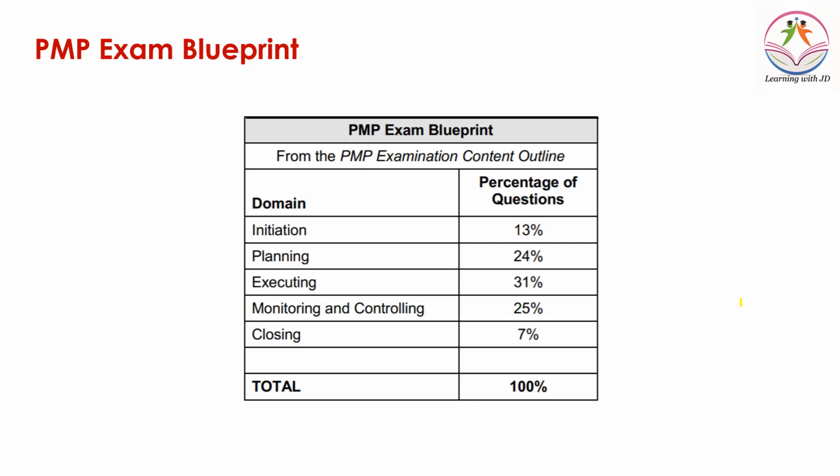If you see, your most important domain is execution, which will have 31%, followed by monitoring and controlling and planning. Now these together will account for around 80% of your examination questions. Initiating and closing will have 20% of the questions from your examination.